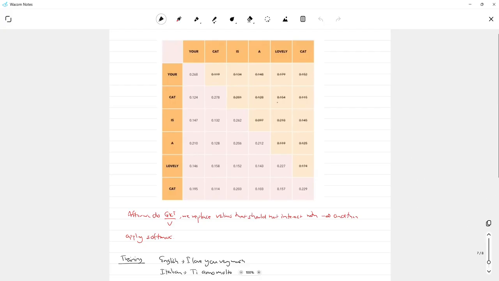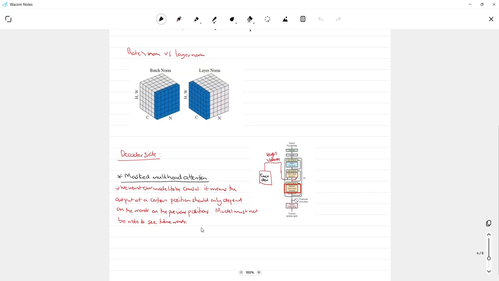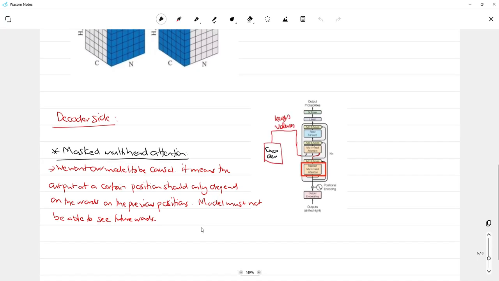Now, to enforce this causal constraint, the decoder uses a special type of self-attention called masked multi-headed attention. This is the lower multi-head attention block within each decoder layer, highlighted in the architectural diagram that you see here. And how does it work?